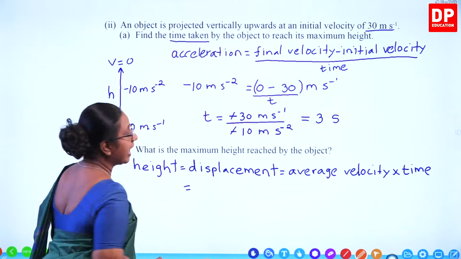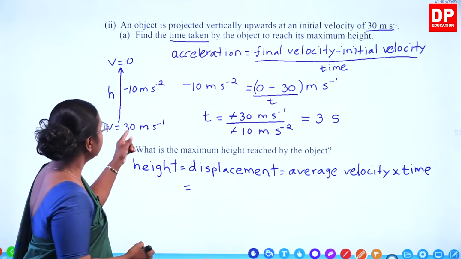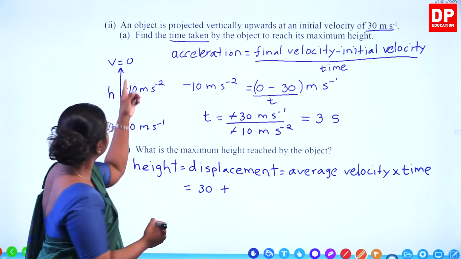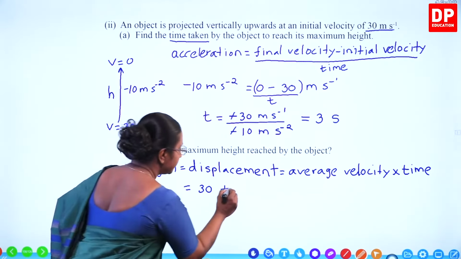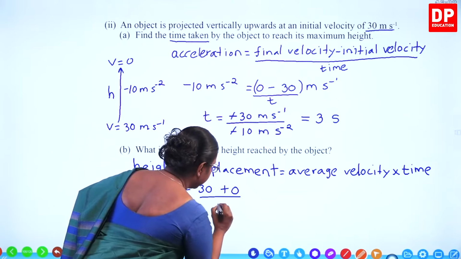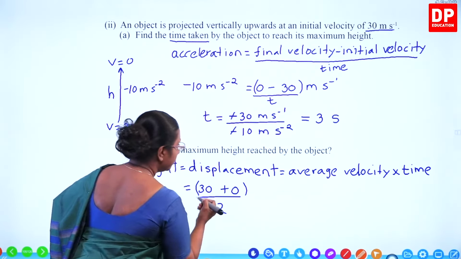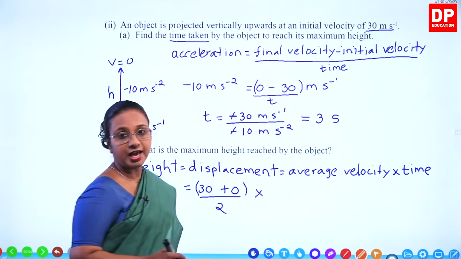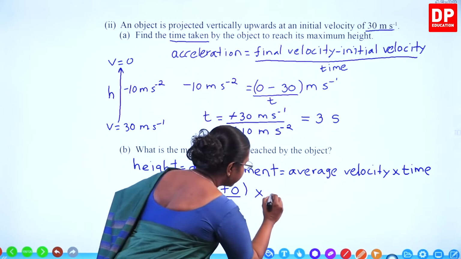So when we say average velocity, initially the velocity is 30, finally the velocity is 0. We just add them together and divide by 2, and time is going to be, we have already calculated, 3 seconds.